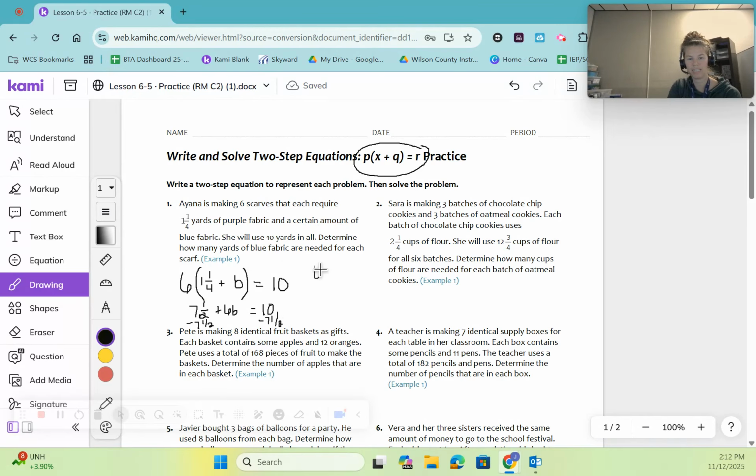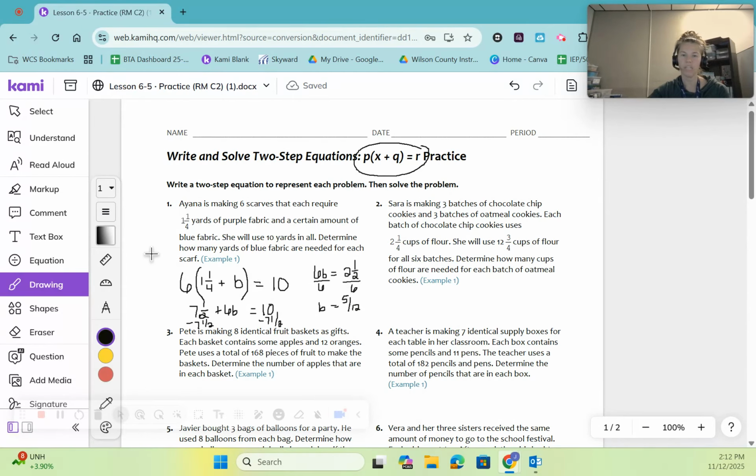So 6b equals 2½. Then we divide by 6 on both sides to solve. So b equals 2½ divided by 6, which is 5/12 yards of blue fabric. She will use 5/12 yards of blue fabric for each scarf.